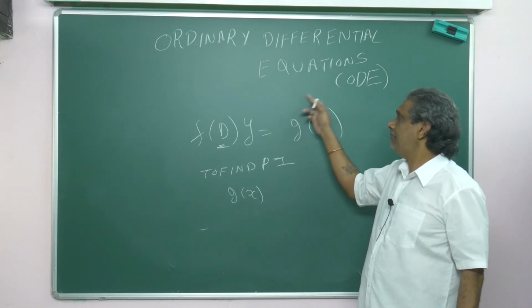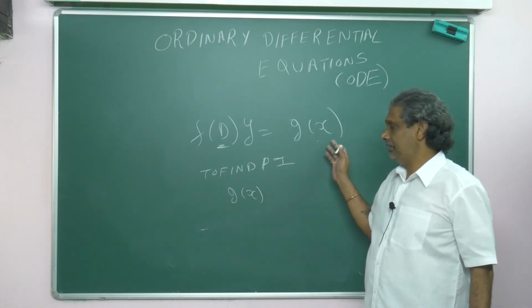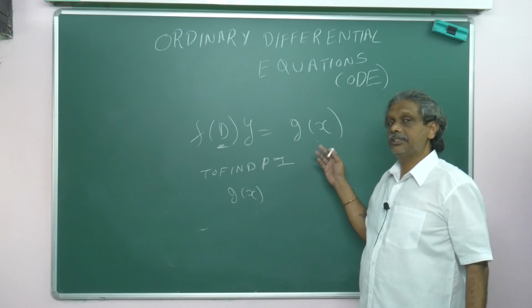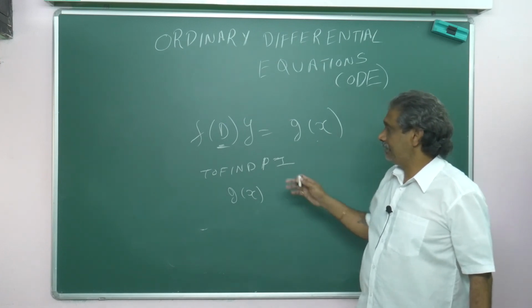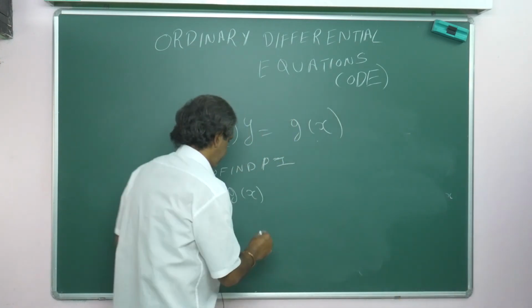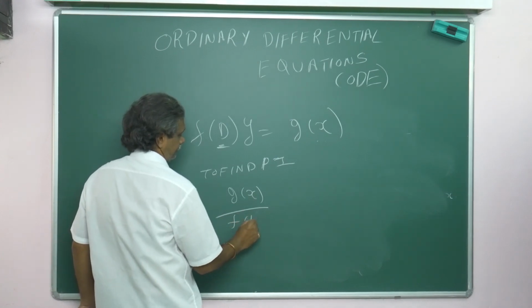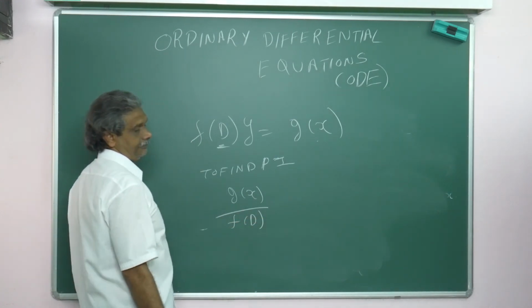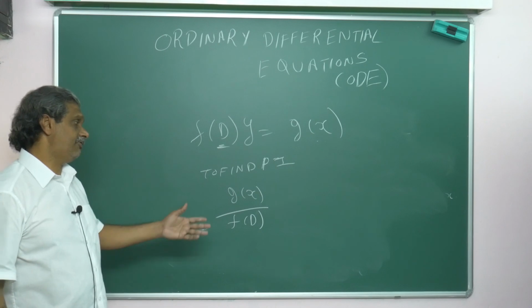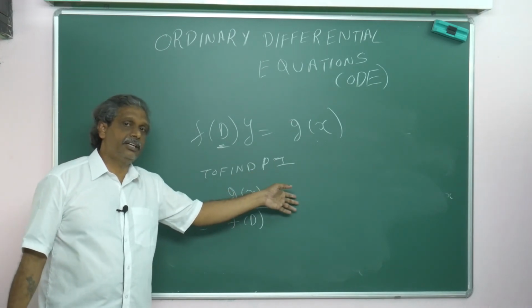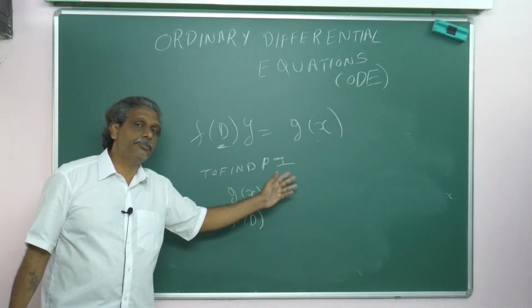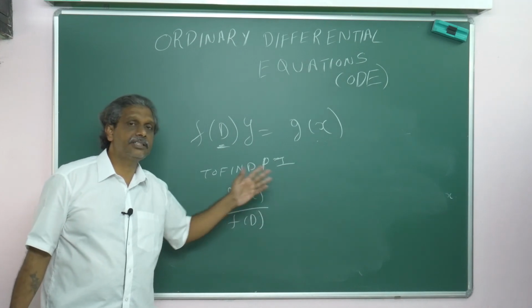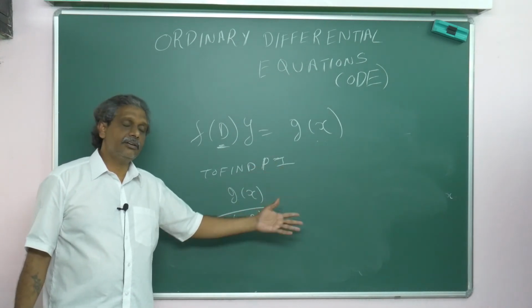Suppose I have some function here, like e power 2x, cos 2x, sin 2x. Then it is g of x divided by this operator. Each case has its own PI: PI for e power x type, PI for cos x, PI for polynomial, PI for x into cos x, products, a lot of things are there.